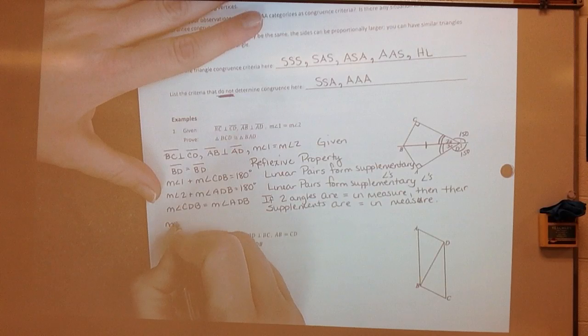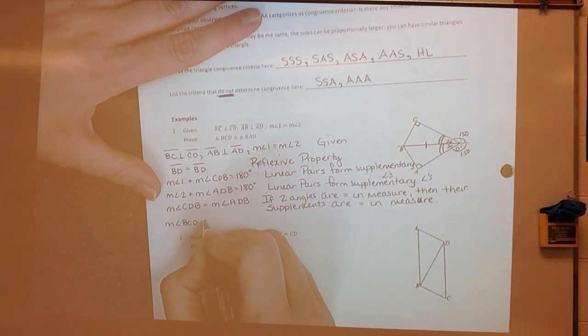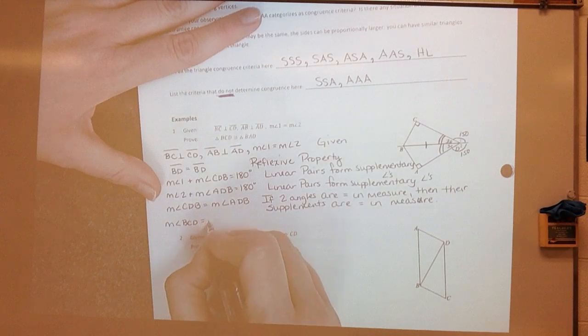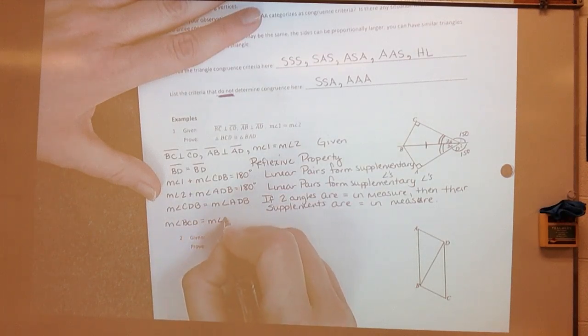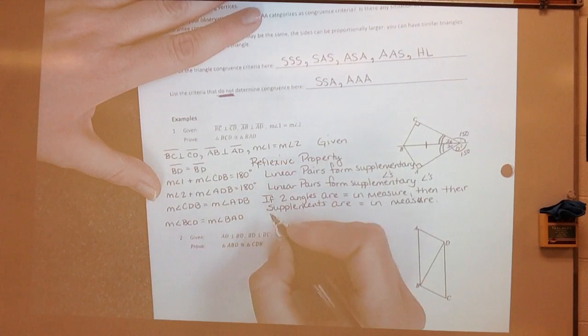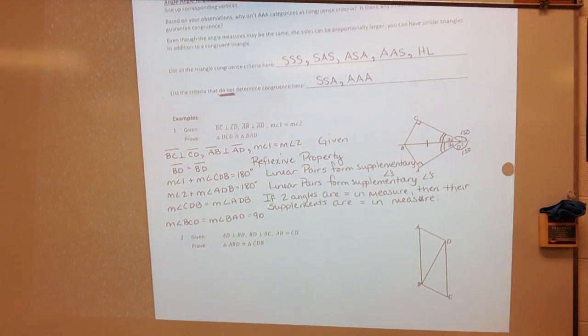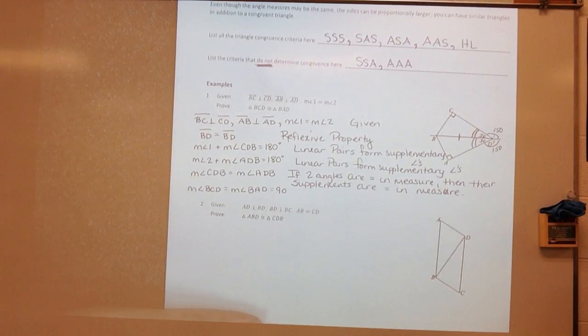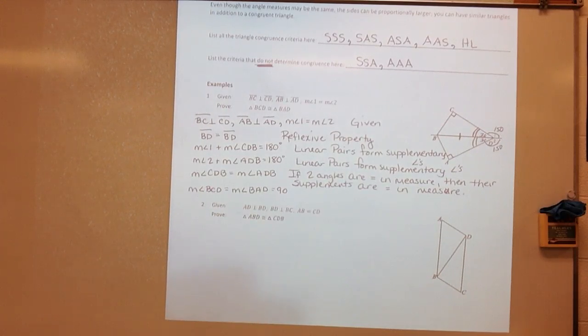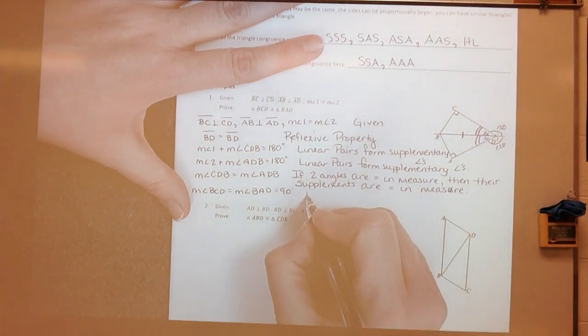So the measure of angle BCD is equal to the measure of angle BAD, which is equal to 90 degrees. Alright, so we're kind of stating it all at once. We're saying both of those angles equal 90 degrees, so they're both equal. And that's the definition of perpendicular line segments.